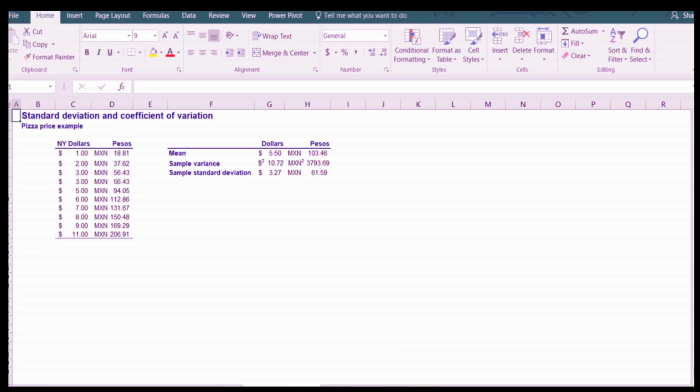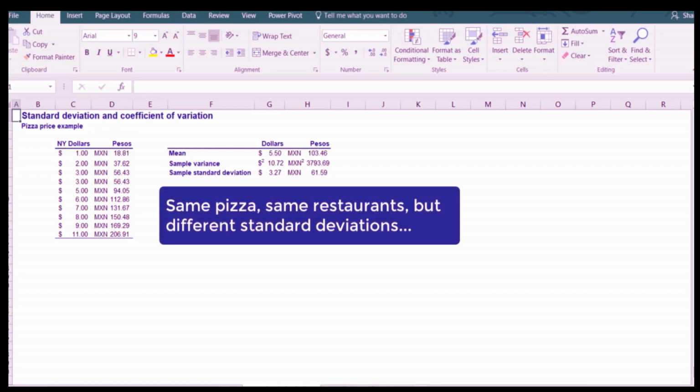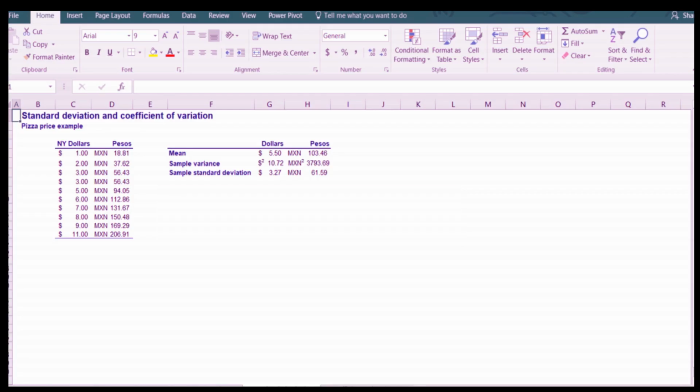Second, we got standard deviations of 3.27 and 61.59 for the same pizza at the same 11 restaurants in New York City. Seems wrong, right? Don't worry. It is time to use our last tool, the coefficient of variation. Dividing the standard deviations by the respective means, we get the two coefficients of variation.